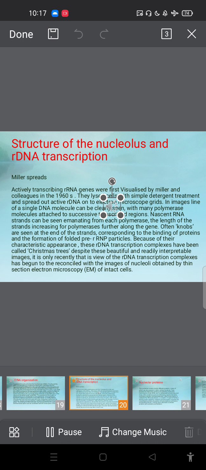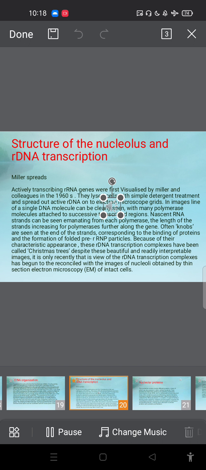Often knobs are seen at the end of strands, corresponding to the binding of proteins and the formation of folded pre-rRNP particles. Because of their characteristic appearances, these rDNA transcription complexes have been called Christmas trees.